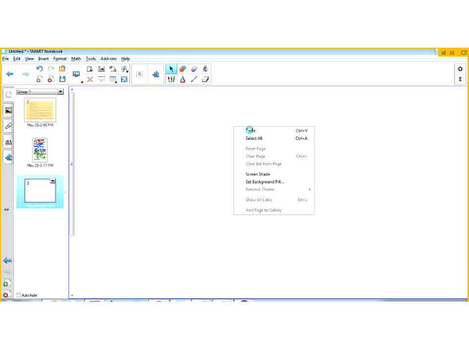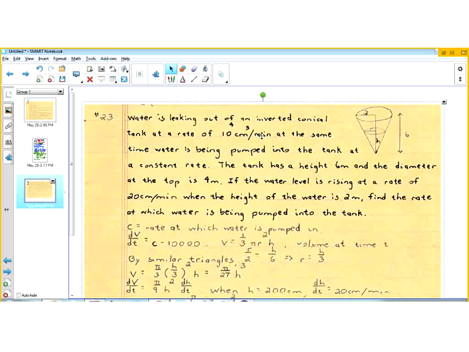This is a case where water is both flowing into a tank and leaking out of a tank. So let me show you here. I'll paste it here.